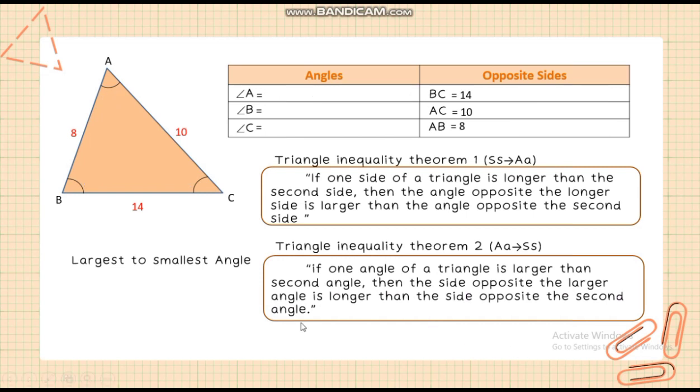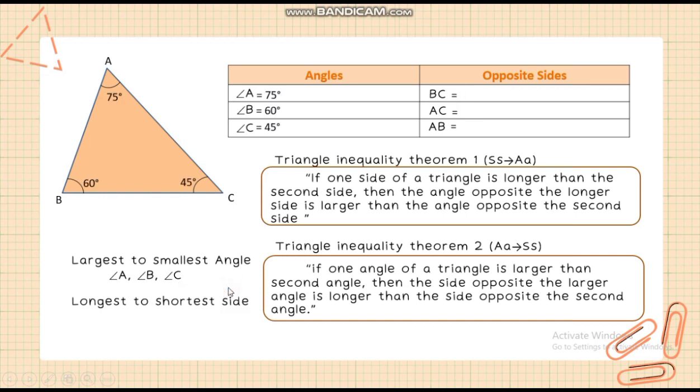So in the given, side BC is the longest side, meaning the opposite angle of this side is the largest angle, which is angle A. And also side AB is the shortest side, meaning the opposite angle is the smallest angle, which is angle C. So these are the order. The largest angle is angle A, the larger angle is angle B, and the smallest angle is angle C.